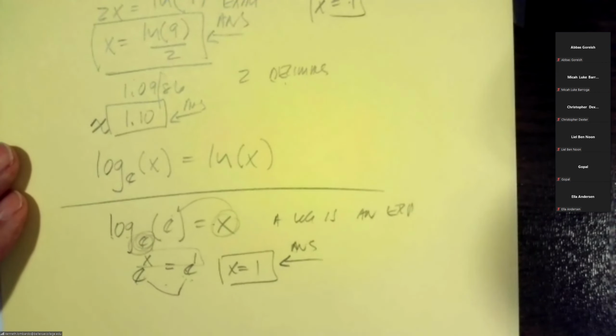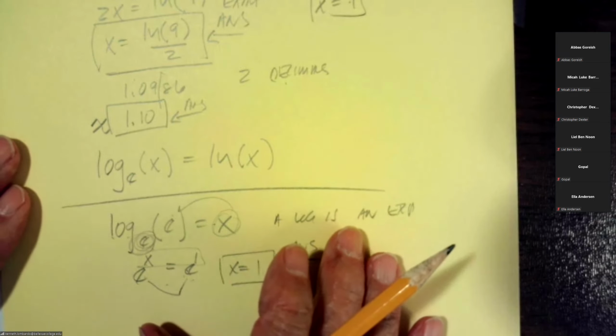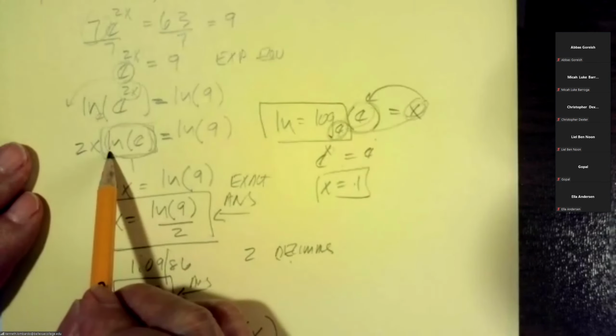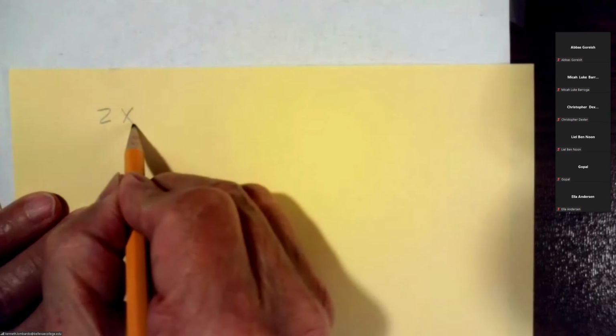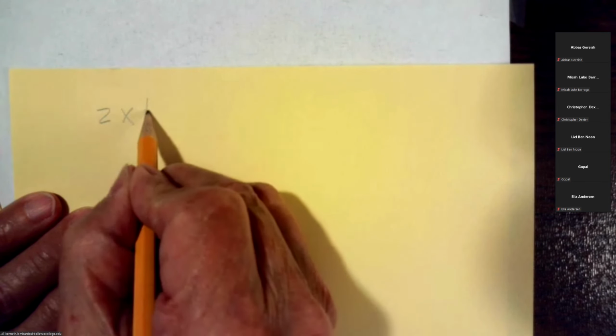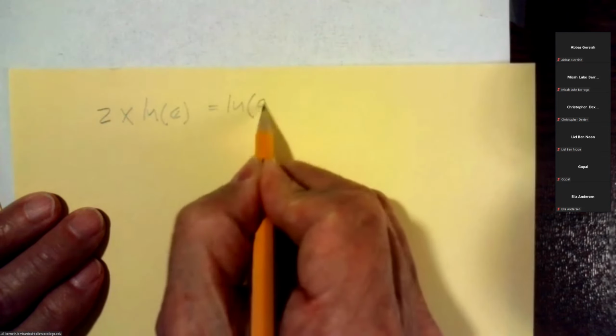I think I understand. And then with that answer, how did you use that to solve the equation? Well, we have to decide what the question is. The question was 2 to the x times the ln of e equals the ln of 9.